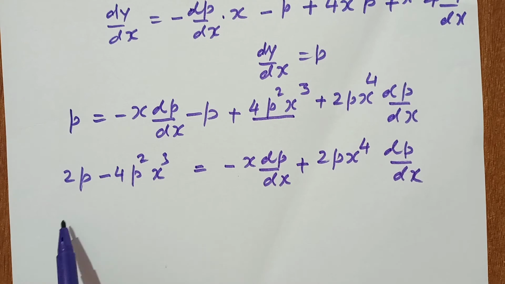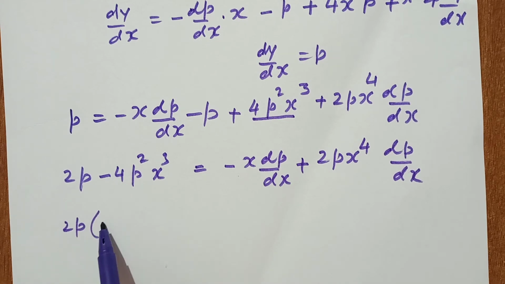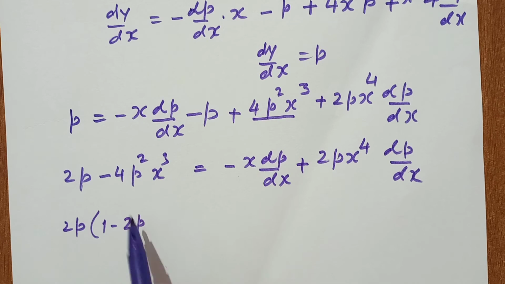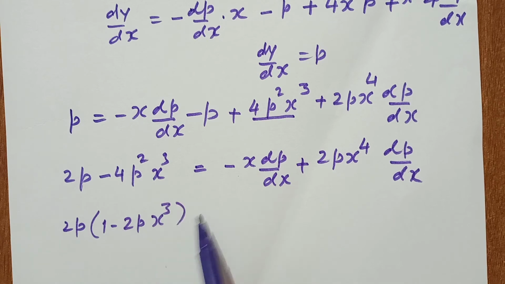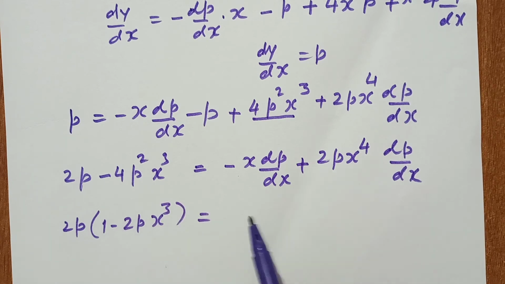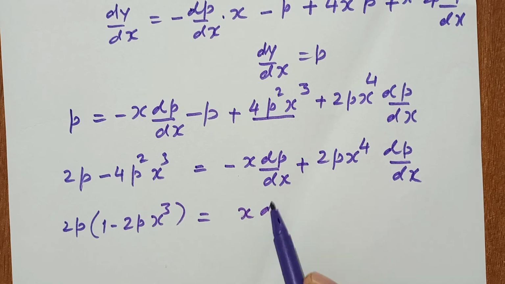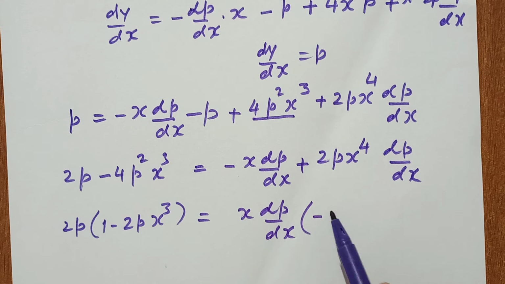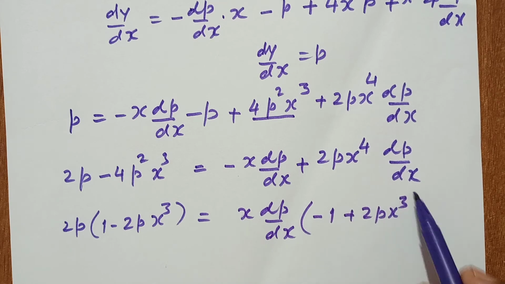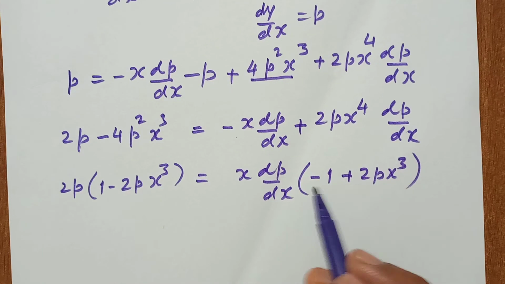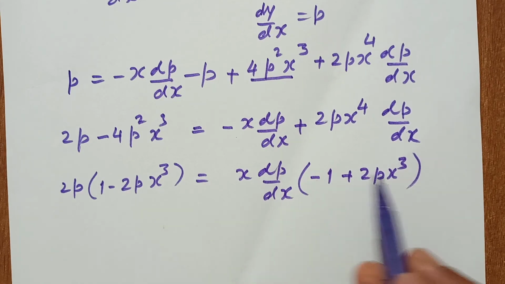Here 2p is common, so 2p times (1 minus 2p x cube) is equal to, here x dp by dx is common, so minus 1 plus 2p x cube. This is the same thing, only the minus sign changes.